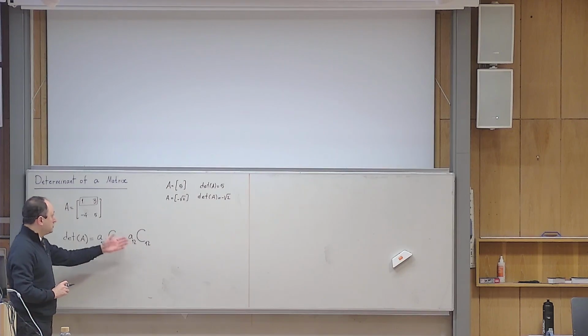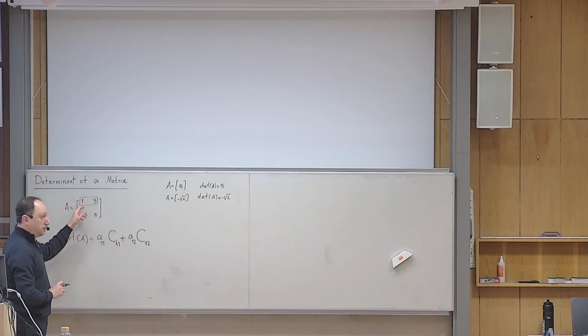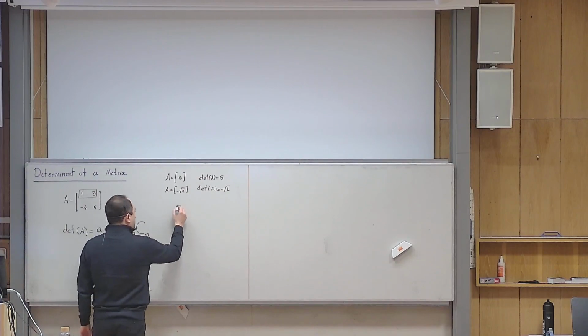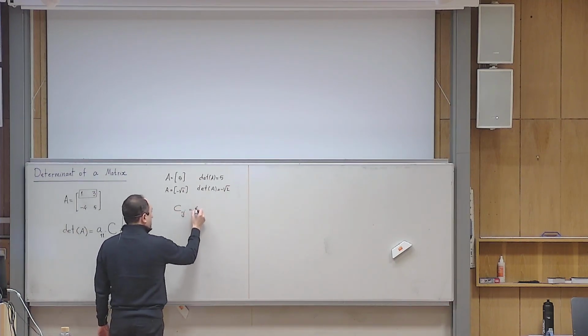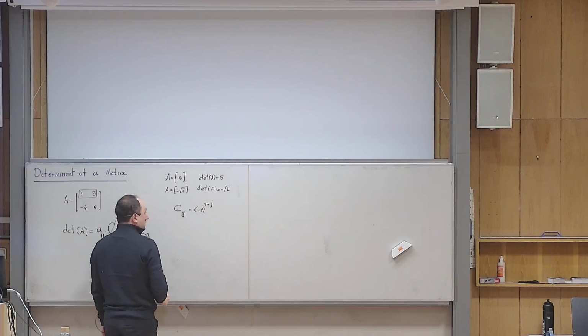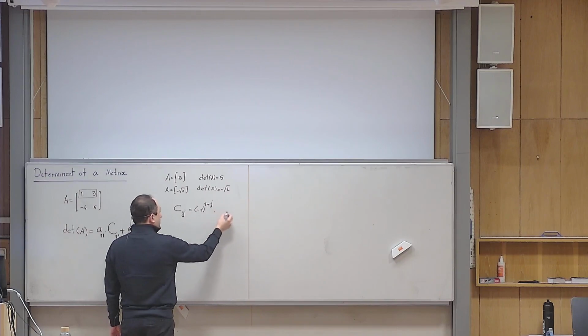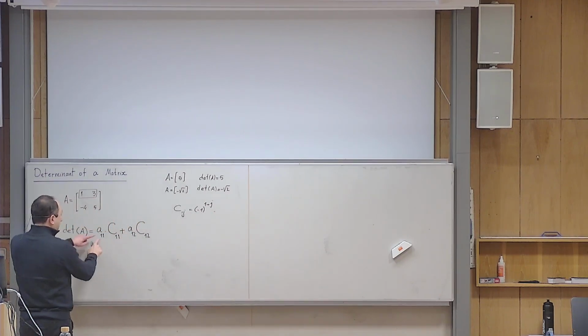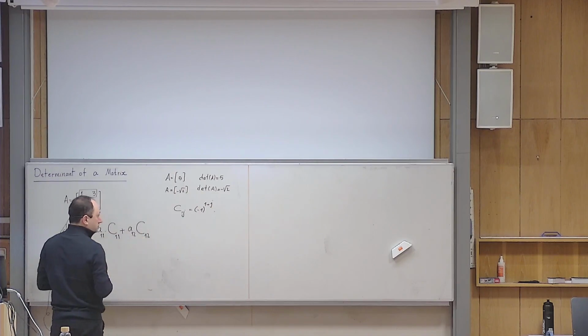A11 and A12 are clear. A11 is 1, A12 is 3. So there is nothing to explain there. But if I ask you what is Cij, this you need to remember. Cij is minus 1 to the power of i plus j, multiplied by the determinant of the matrix in which the row of that entry and the column of that entry are removed.